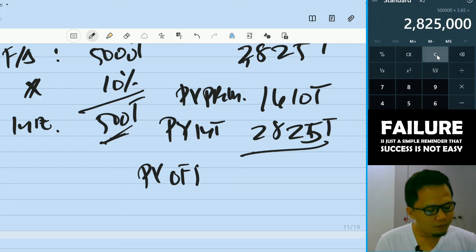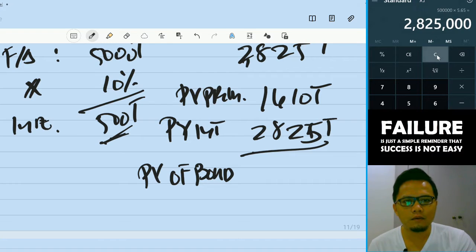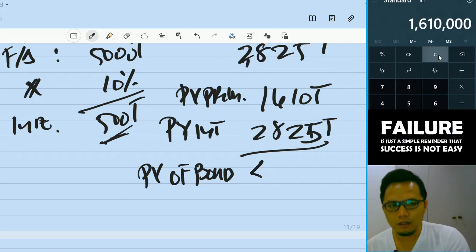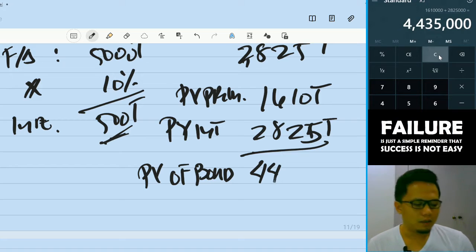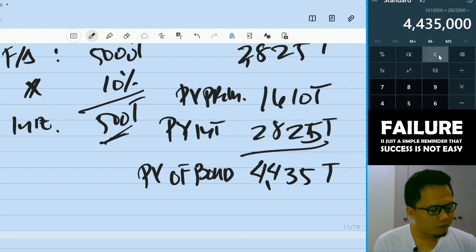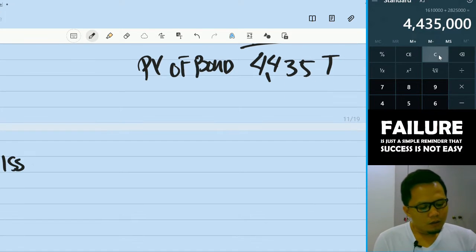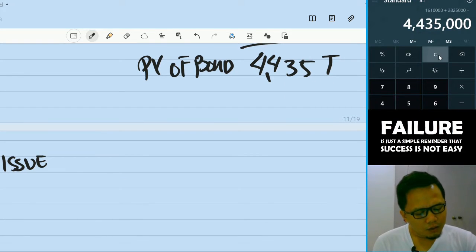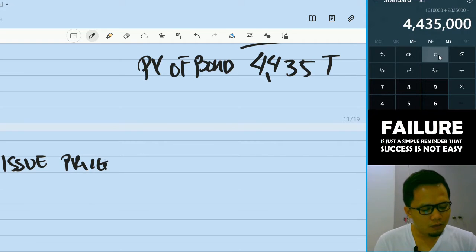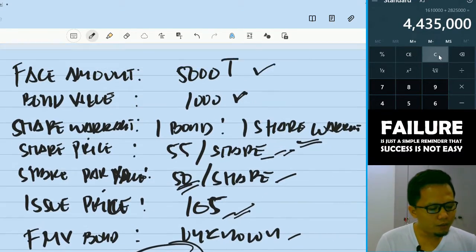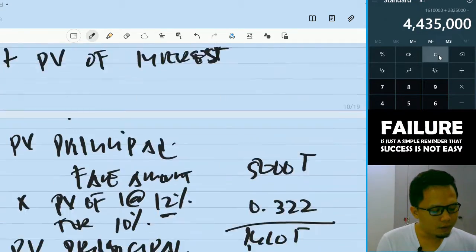So the total present value of the bond is 1,610,000 plus 2,825,000, so 4,435,000.